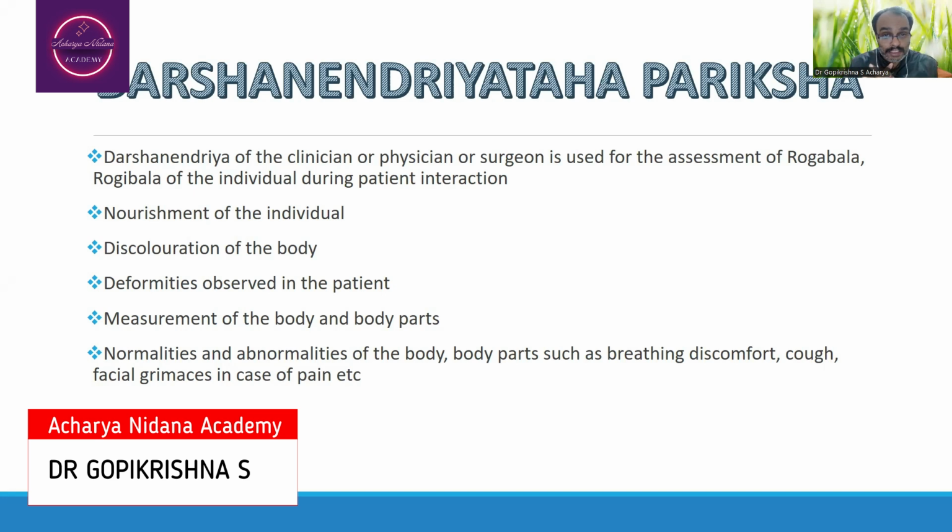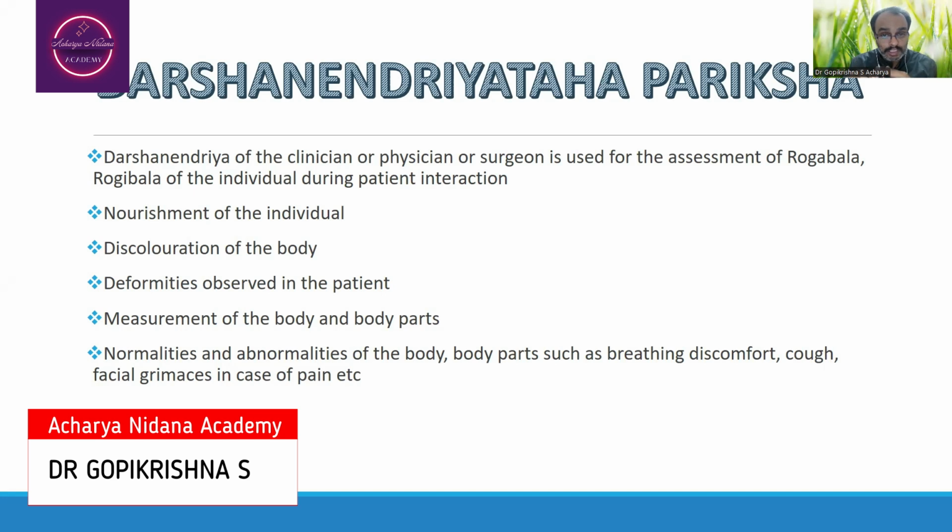For example, the person is having the barrel shaped chest. The anteroposterior diameter will be almost equal to the transverse diameter. In that particular situation, we need to know about the measurement of the anteroposterior diameter and transverse diameter. The person is suffering from ascites.